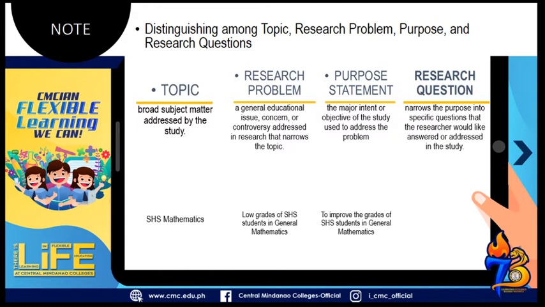In this time, the research question will ask the purpose of statement. How? No? Paano? Anong gawin? So, eto na. Can peer tutoring improve the grades of senior high school students in general mathematics? So, yan yung pagkakaiba ng ating topic, research problem, purpose, research questions.